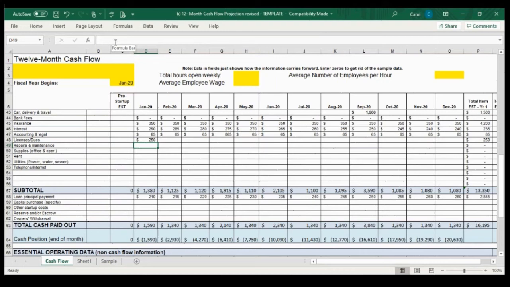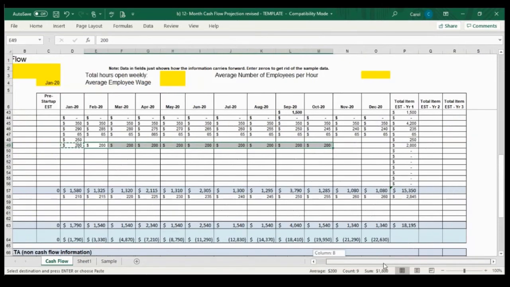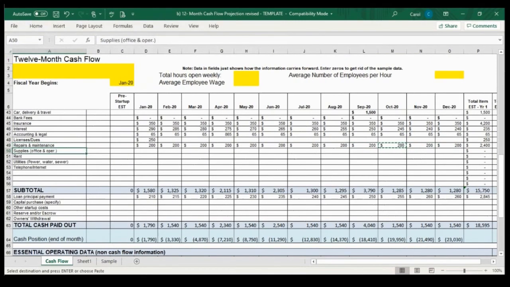So you're going to want to put anything you know for fact you're going to have every month, and you're also going to want to put some money aside for those things you didn't plan on. So let's say we put $200 a month in this line item, thinking that over the course of the year, there's going to be a couple of $1,000s worth of repairs and maintenance that has to happen.